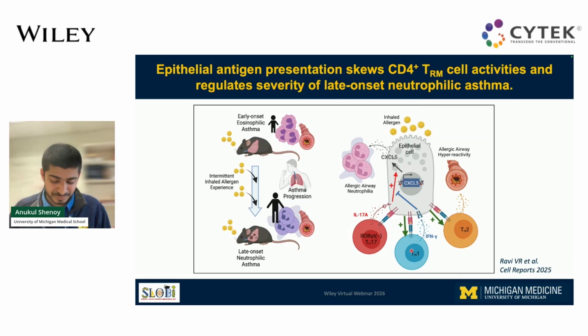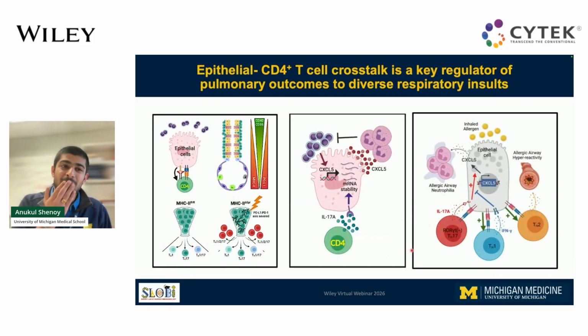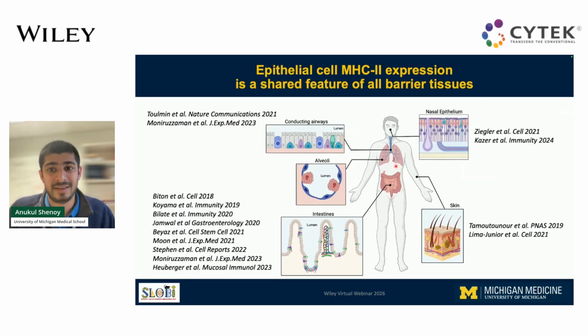So with this, hopefully I have shown you, at least based on these three different vignettes, that epithelial cell and CD4 T cell interaction is actually very intimately married to each other, if you will, in context of microbial exposures or allergen exposures. However, one thing I do want to walk away from this talk emphasizing is expression of MHC class 2 or interaction with CD4 T cells is not a feature of only the lung epithelial cells.